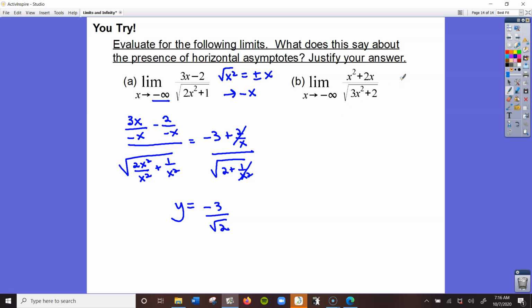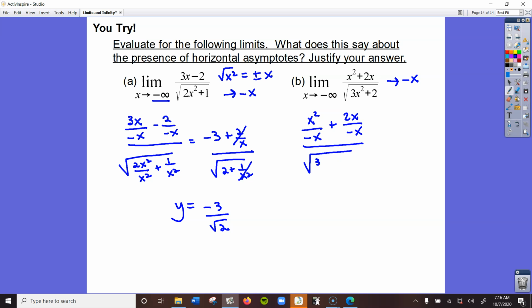Now in this last one, since x is approaching negative infinity, we are going to divide everything by negative x. So here we go. We have x squared over negative x plus 2x over negative x all over the square root.